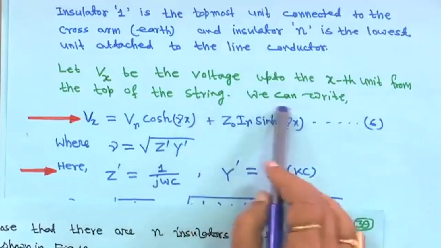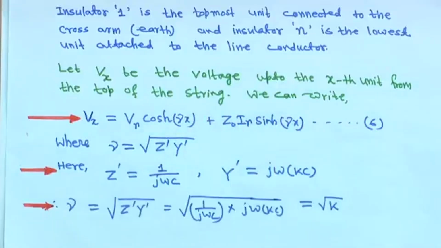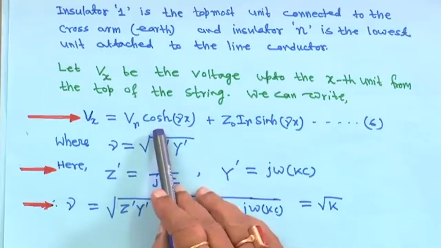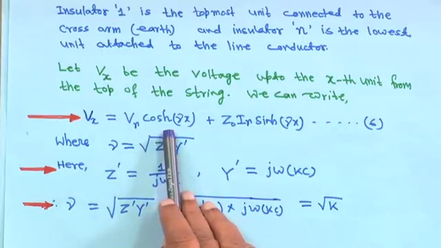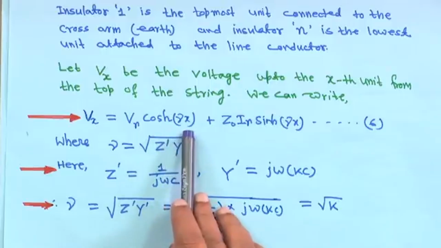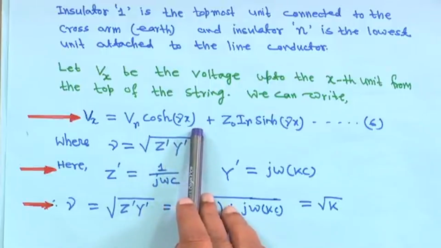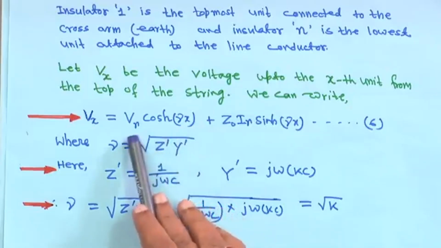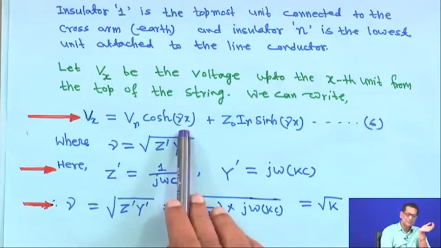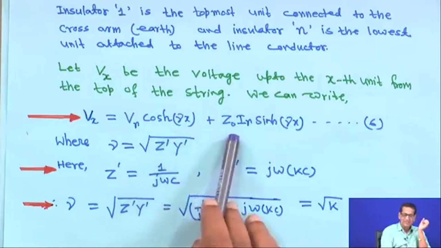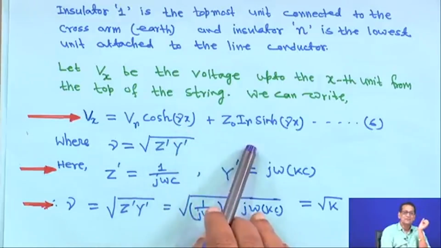From that we can write this expression. You know it from your transmission line expression, so I am not deriving it here. For the long transmission line, that hyperbolic expression for distributed line parameters has already been made, whether you took the course or studied long, short and medium lines in your inductance course.